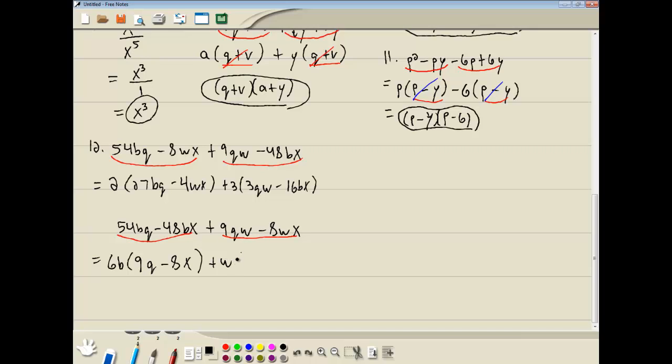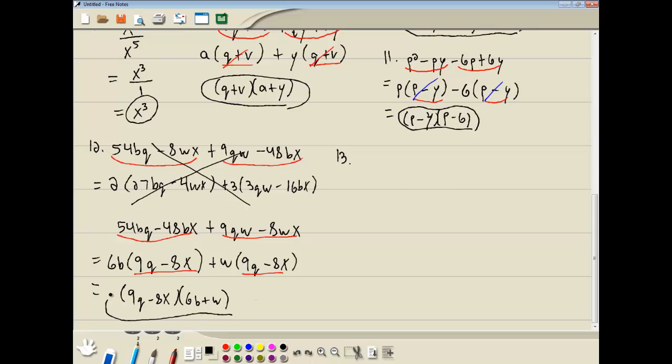So I factor out a W, and that gives me 9Q minus 8X. Now our goal was to get this parentheses the same as this parentheses, which they are. So I factor that out in front. That gives us 9Q minus 8X times 6B plus W. Now this attempt right here failed, so interesting problem.